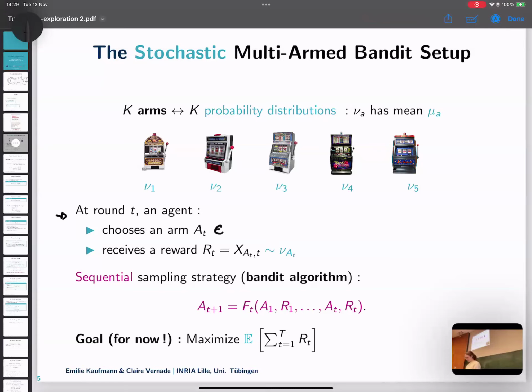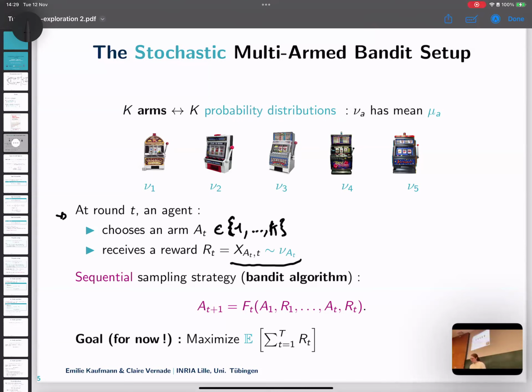So this arm belongs to, I should write it like this. Okay. So I pull one of these arms, and when I pull an arm, I generate a random variable from this machine. There's a random variable, a noisy observation that comes from the machine, and that gives me information on the environment I'm dealing with.